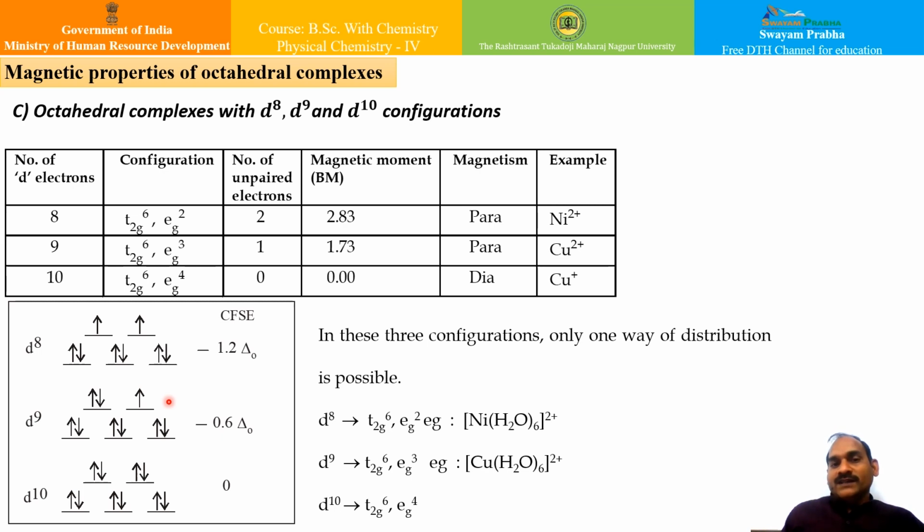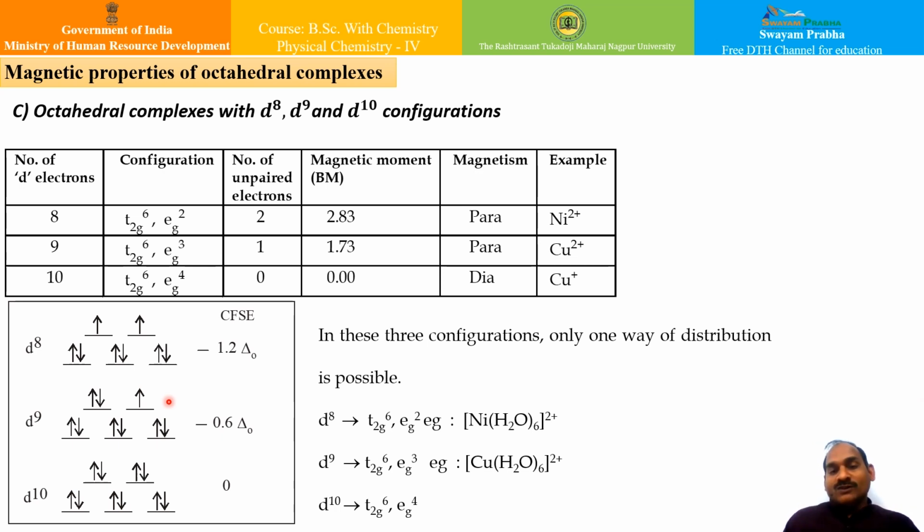As a result, the pairing energy is higher than the crystal field splitting energy, isn't it? So my pairing energy is higher than the crystal field splitting energy, and therefore the tetrahedral complexes are generally high spin. They contain the same number of unpaired electrons as the isolated metal ions, and therefore the magnetic moment is almost the same as that of the metal ion. So this is about the tetrahedral complexes.